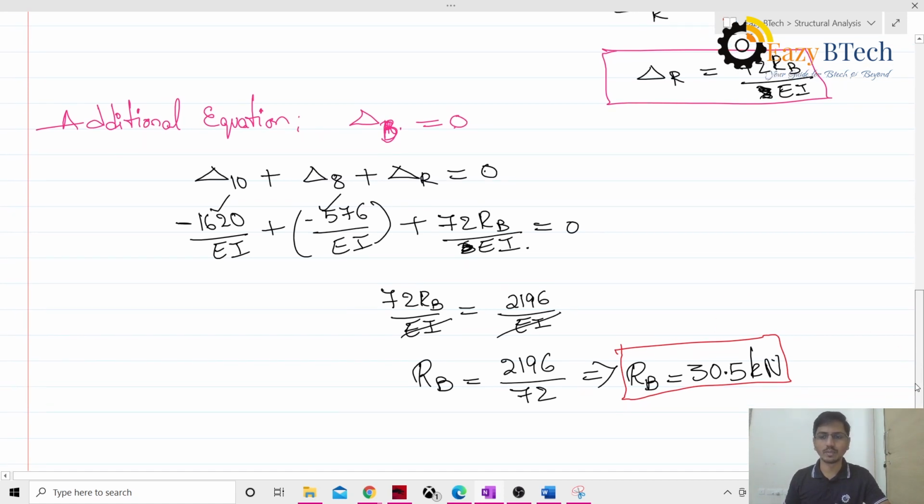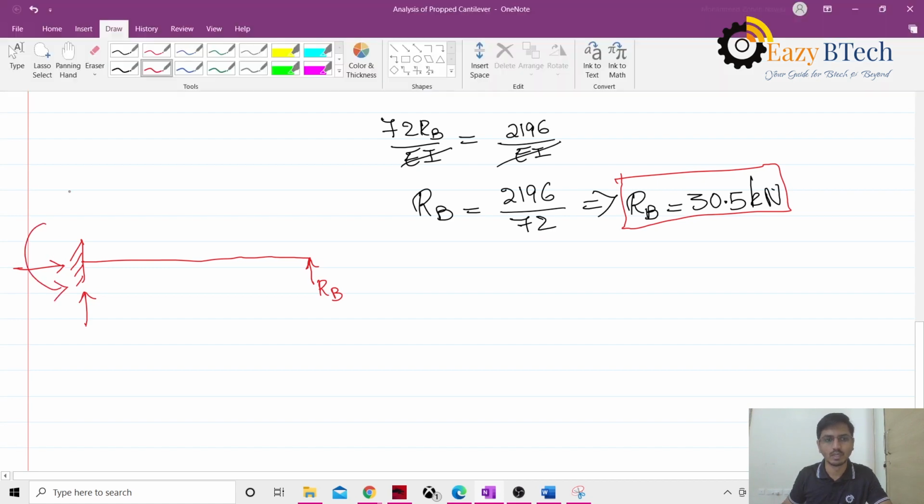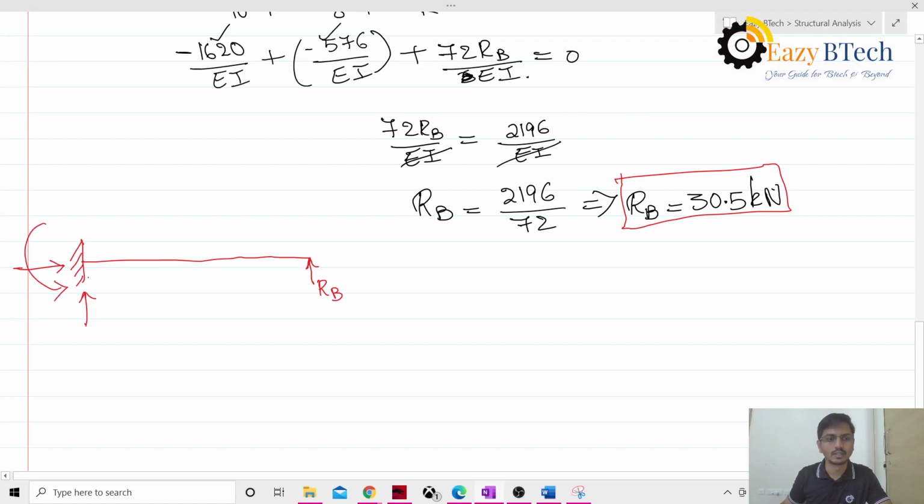Now we need to find out the remaining 3 reactions. What are the remaining 3 reactions? Let me draw this figure here once more. So we have this cantilever. At this point we have RB. Here at this fixed end we have a horizontal load, vertical load and moment. So we need to calculate this RA, HA, and MA.